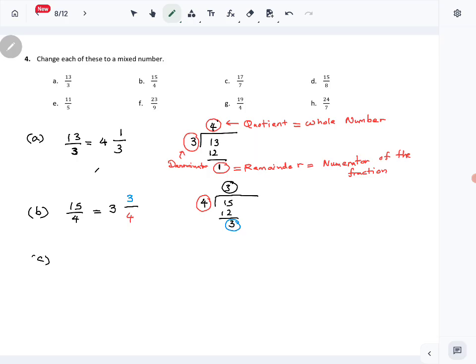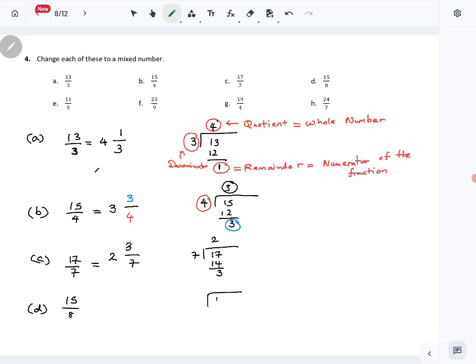Similarly, we'll do the rest. 17 over 7. Figure out how many 7's are inside of 17. 2, no? 2 times 7 is 14, so the remainder is 3. The whole number part is 2, and the numerator is 3, the remainder, over the original denominator. So 17 over 7 is the same as 2 and 3/7. Then the next one, 15 over 8.